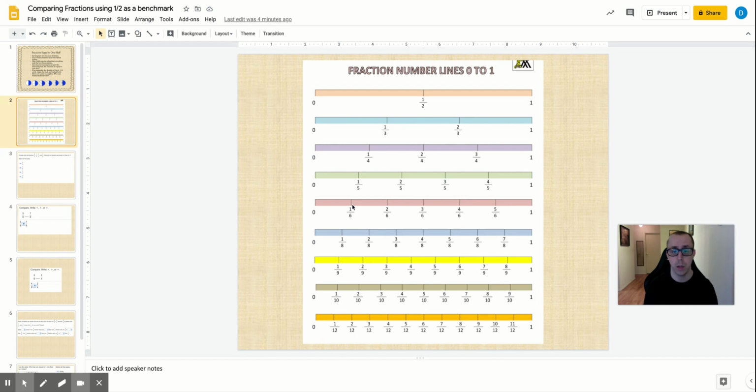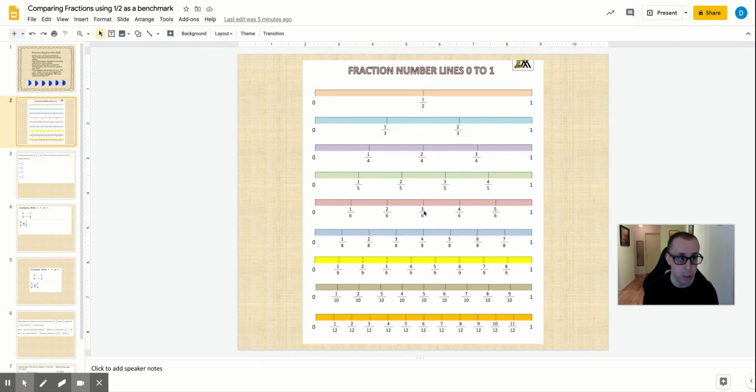If we were to compare 1/6 with 1/2, or even 2/6 with 1/2, we need to know that it's less than 1/2 because 3/6 is 1/2. That's why I've been talking so much about fractions equal to 1/2.